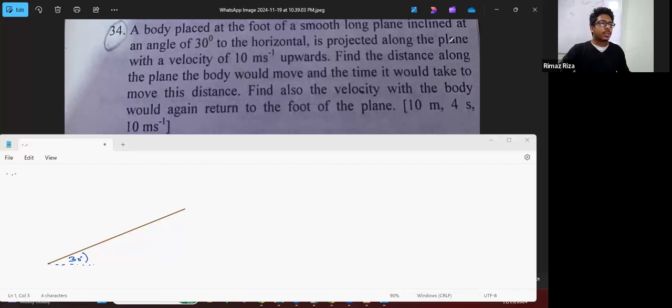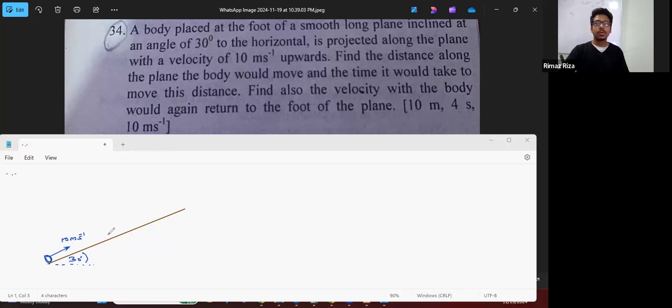The body is projected along the plane with a velocity of 10 meters per second upward. So at the foot, the particle is here initially, and then it is projected along the plane in this direction with a velocity of 10 meters per second upwards. Find the distance along the plane the body would move and the time it would take to move this distance.